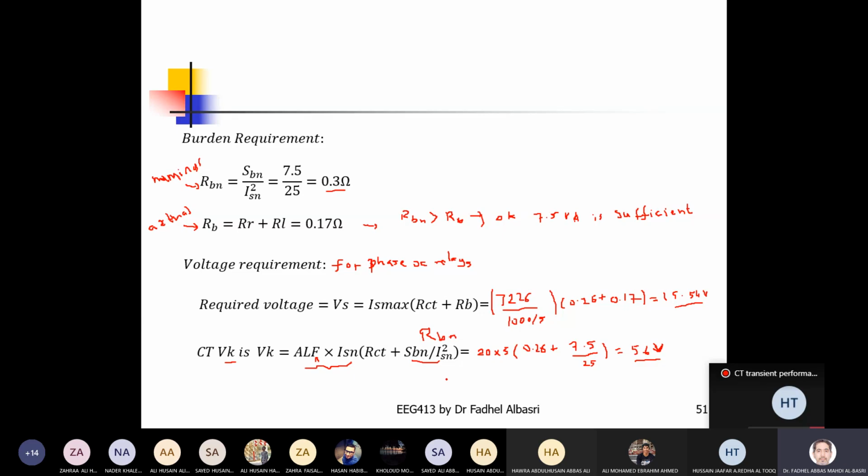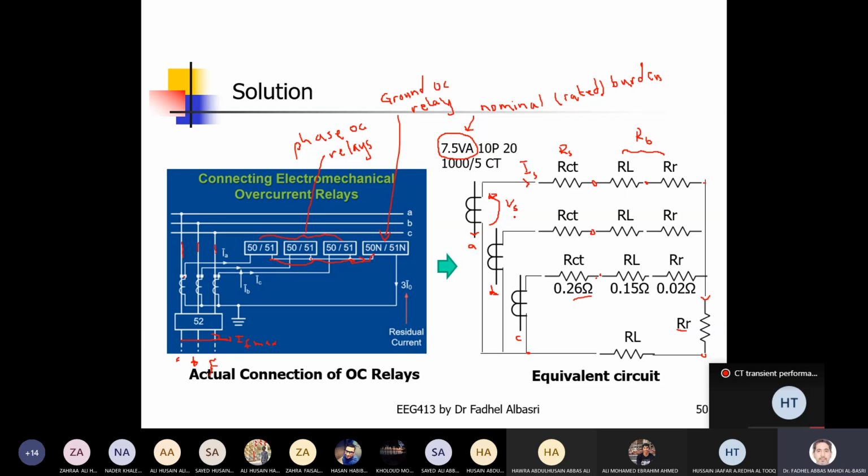Is this adequate or not? Is the voltage class 10B20 adequate or not?